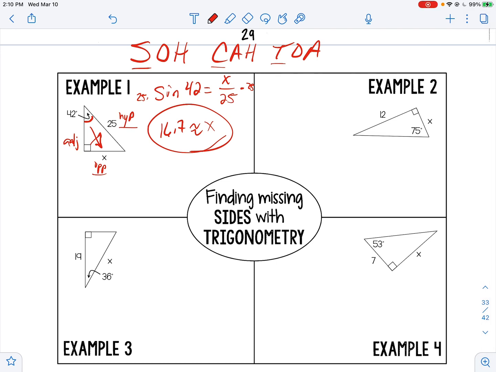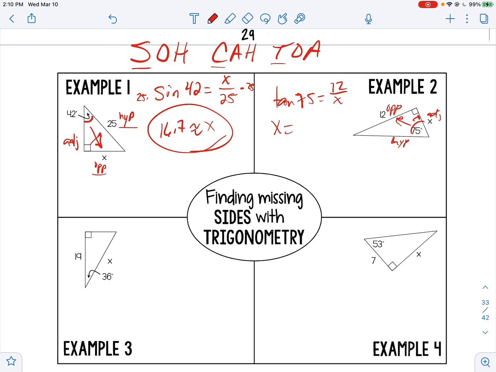Let's look at example 2. What do we have? We got this one here. This is right next to it, adjacent. This one over here is not touching, so that's opposite. This is my hypotenuse. If I have OA, I've got the tangent of 75 degrees equals opposite, which is 12, over adjacent, which is my x.